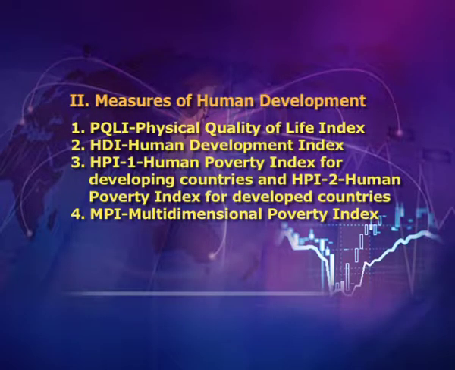The Multidimensional Poverty Index. It was published for the first time in 2010 in the Human Development Report. The MPI was created by using a technique developed by Sabina Alkire and James Foster. It is a measure of poverty designed to capture the multiple deprivations that each poor person faces at the same time with respect to education, health and other aspects of living standards.